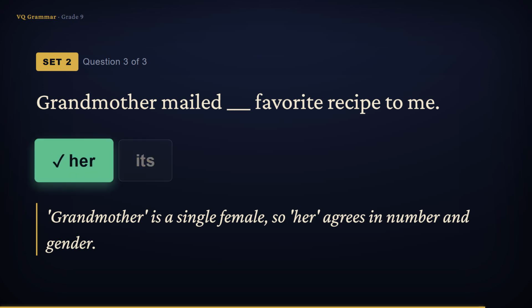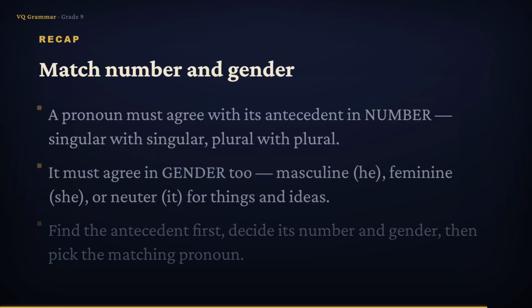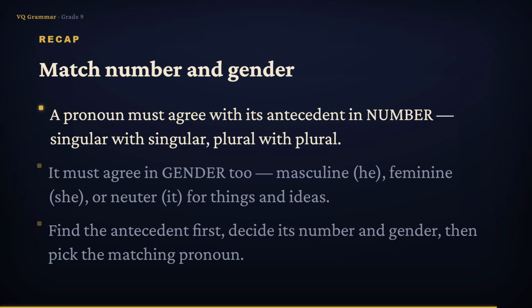The answer is her. Let's gather up what we've learned. A pronoun has to agree with its antecedent, the word it stands for, in 2 ways. First, in number, singular with singular, plural with plural.